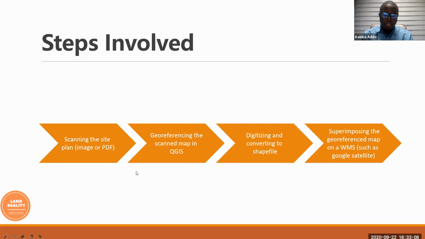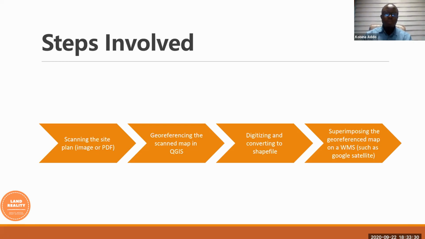Okay, so basically these are the steps involved. The first procedure is you would scan the site plan. You don't necessarily need a flatbed scanner. You can take a picture, but the site plan needs to be as flat as possible.